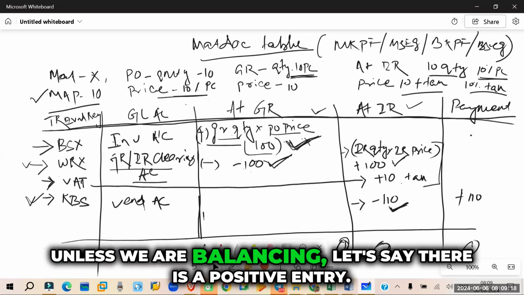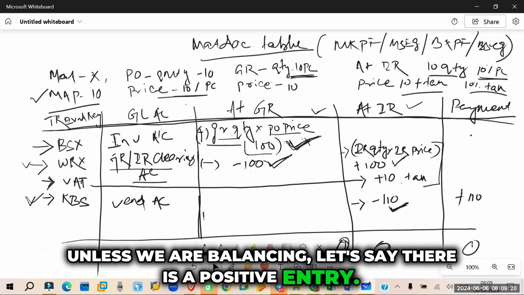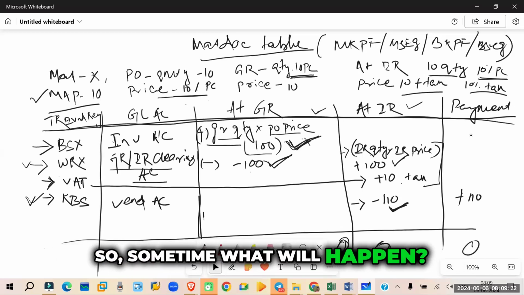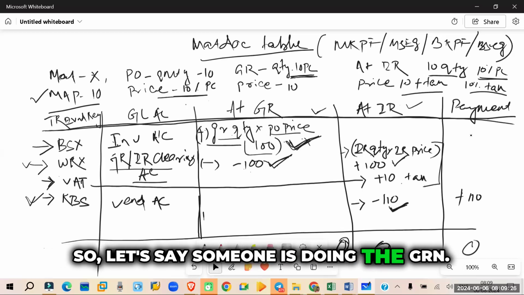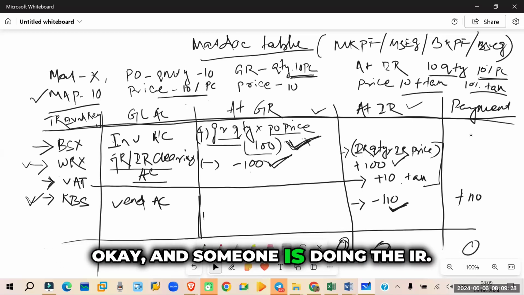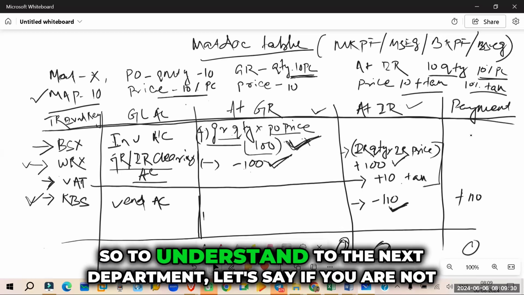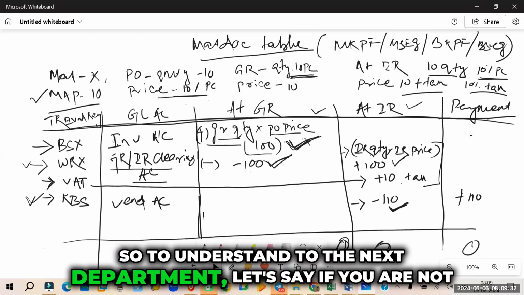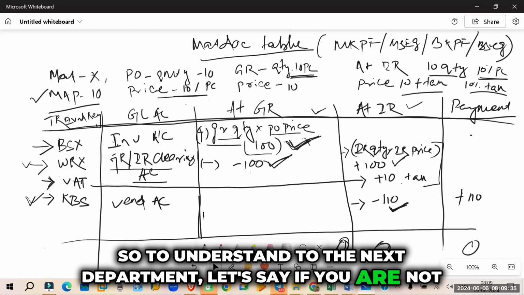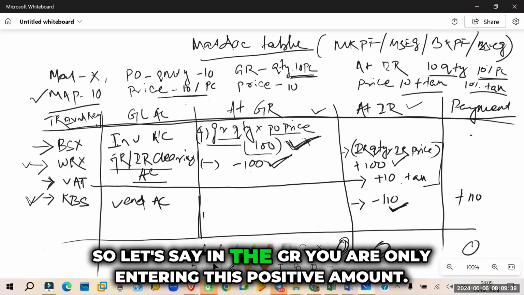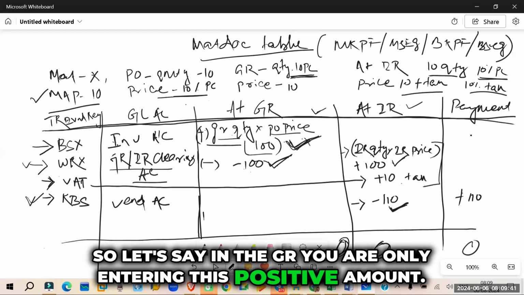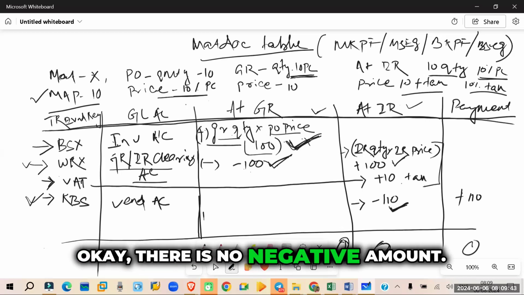Unless we are balancing, let's say there is a positive entry. Sometimes what will happen? Let's say someone is doing the GR, and someone is doing the IR. To understand for the next department, if you are not having a negative entry right now, what will happen? In the GR you are only entering this positive amount, there is no negative amount.